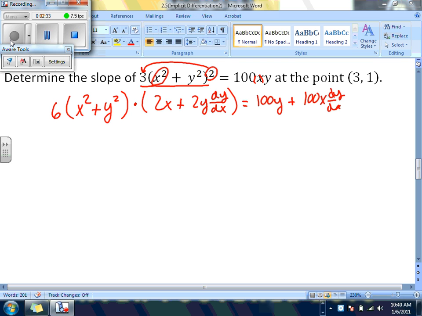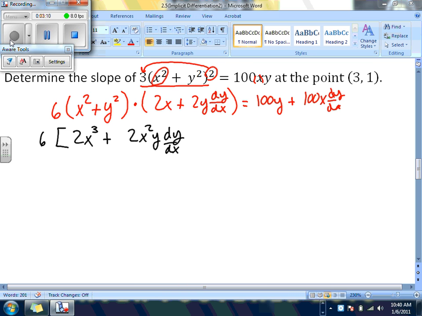Now we need to do a little simplifying in order for us to solve for dy/dx, because we're solving for the derivative dy/dx. What I'm going to do is leave my 6 outside, and I'm going to FOIL this left side out here. So I'm going to take x squared times 2x, I'm going to get 2x cubed. Then I'm going to take x squared times 2y dy/dx, so I'm going to get plus 2x squared y dy/dx.